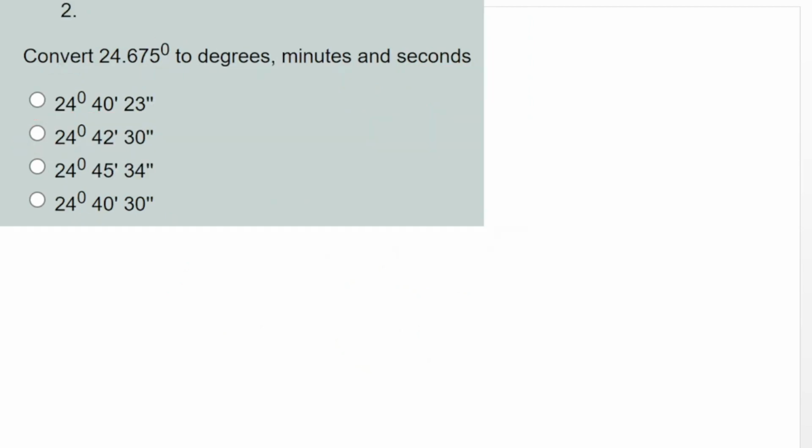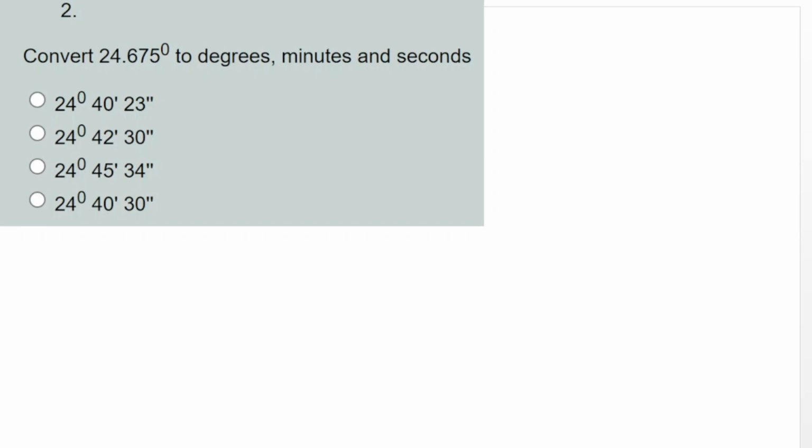All right, let's go to the second question. The second question is the opposite of the first one. This one asks us to convert 24.675 degrees to degrees, minutes, and seconds, because this one is in degrees and decimals of degrees. We want to convert it to minutes and seconds.